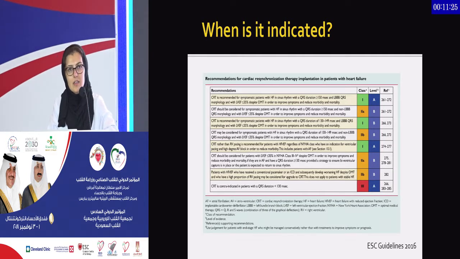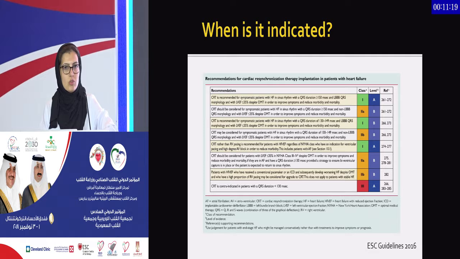Now, when is it indicated? These are the recommendations and guidelines for when to use and when not to use cardiac resynchronization therapy. And there are loads.